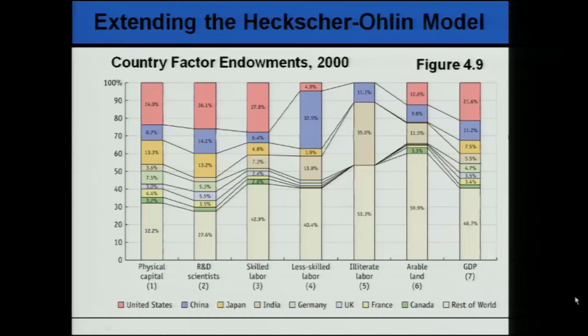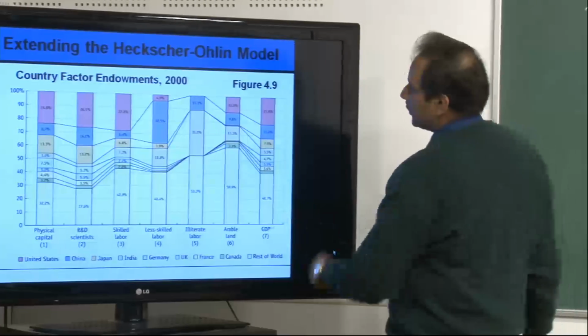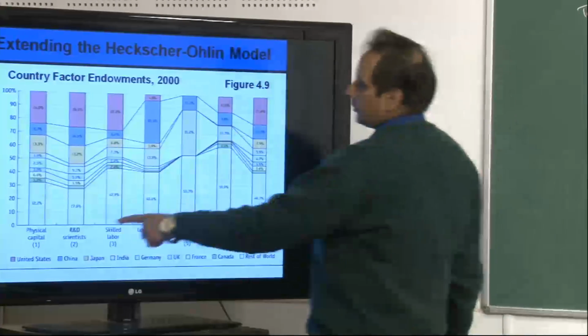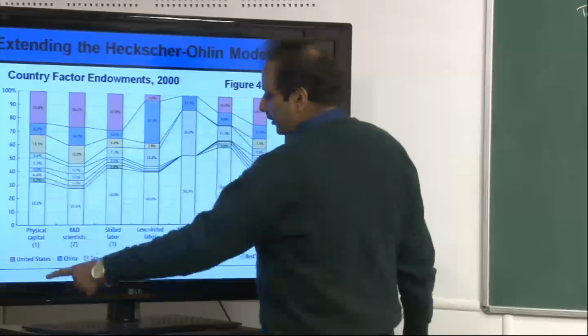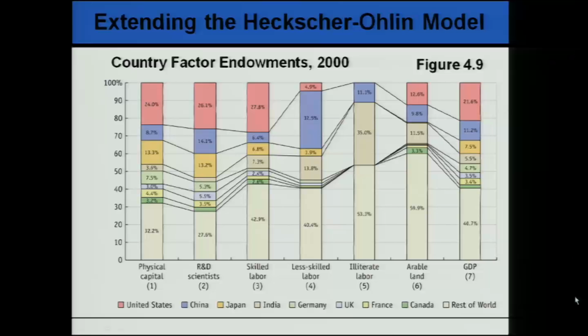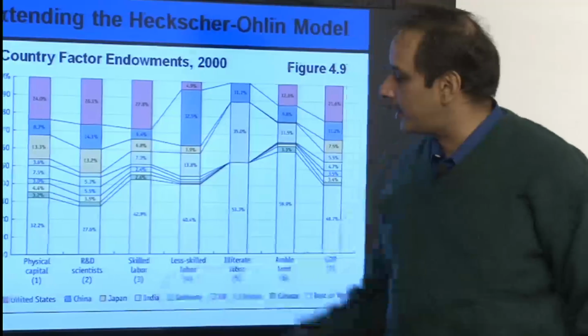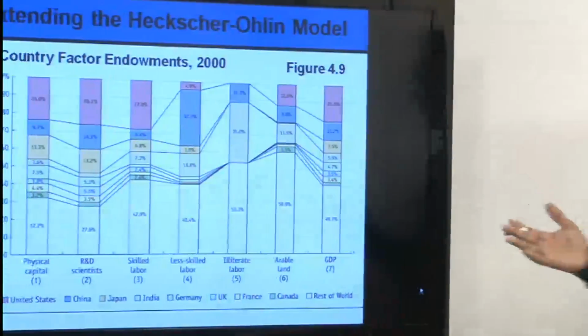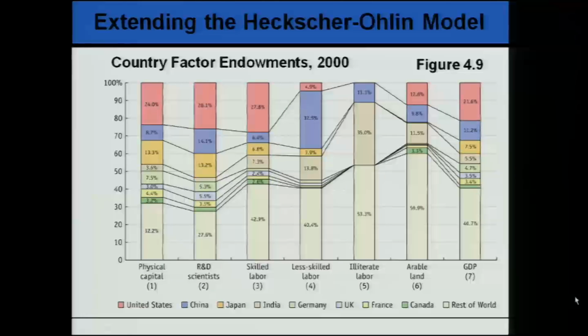Now, from this table, this last column is about the GDP. You can see that US, which is in dark pink, has 24% of the physical capital share in the total physical capital of the entire world.